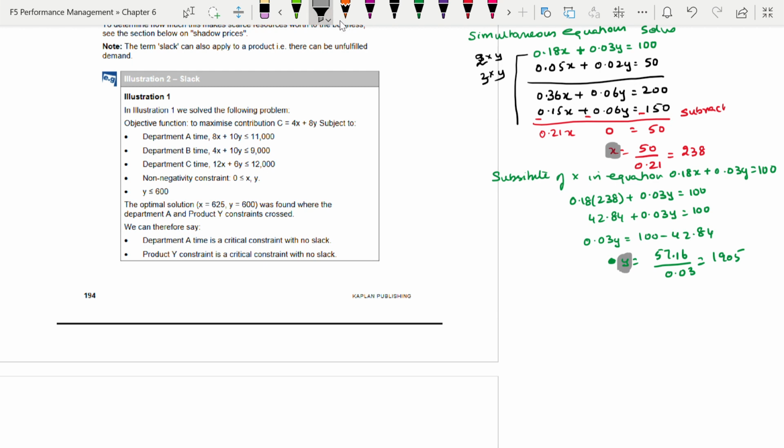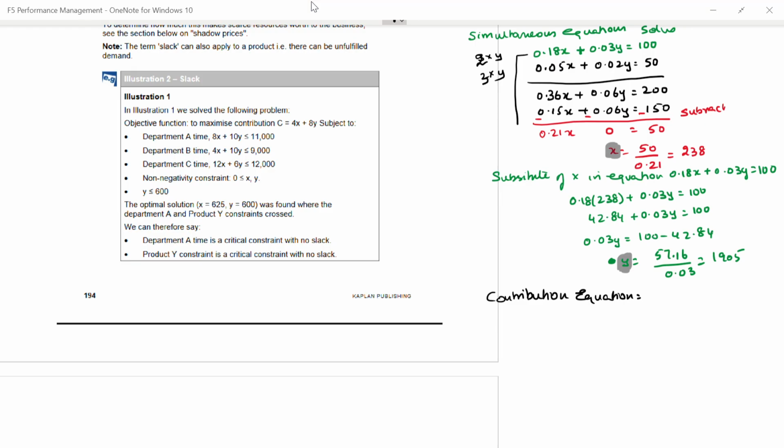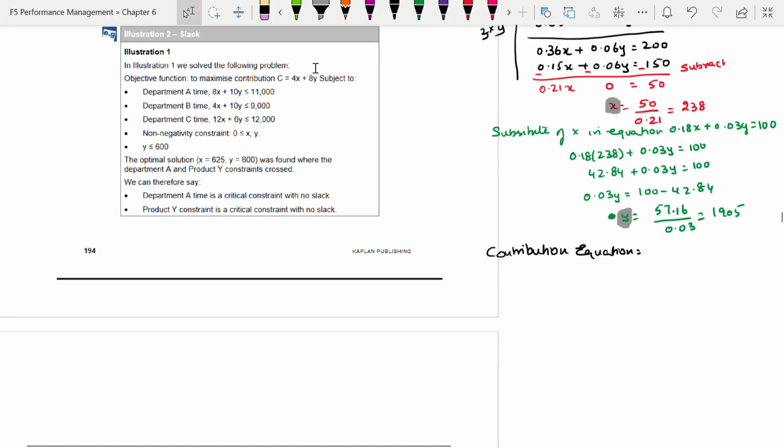Now what is the contribution equation? Again, while doing the revision, I will continue this. Next class, I will start a new chapter. We have done enough. The contribution is 10x plus 5y.